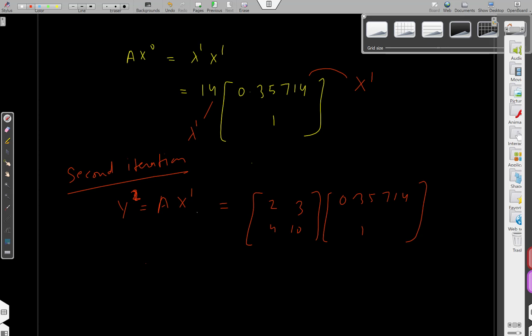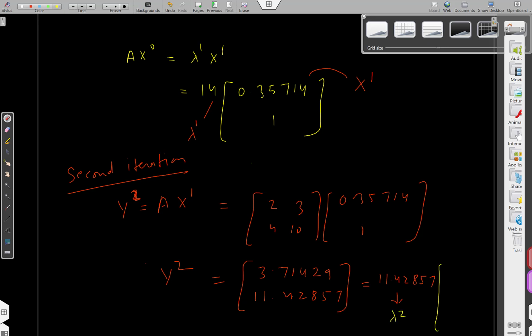The value is 3.71429, and the second value is 11.42857. That is your y2. Now the maximum value is 11.42857. So that is the next approximation to your eigenvalue, that is your lambda 2.